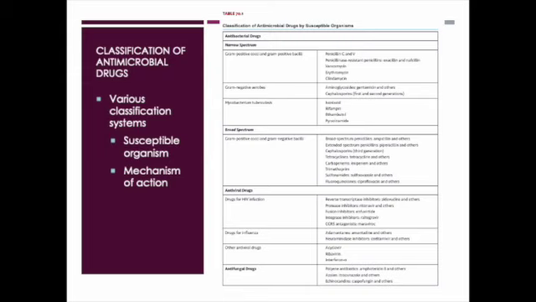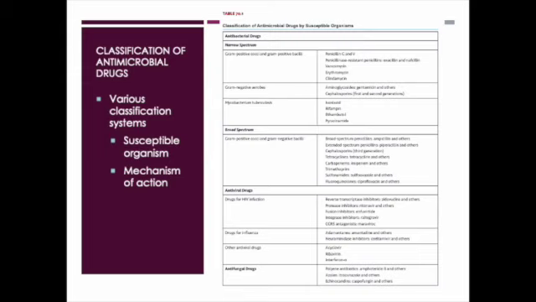So from this perspective, there's no benefit in distinguishing between drugs made by microorganisms and drugs made by someone in the lab. So when we use in our practice the terms antibiotic and antimicrobial drug interchangeably, it's not such a big deal. Okay, so as we continue with this presentation, we may use it interchangeably.